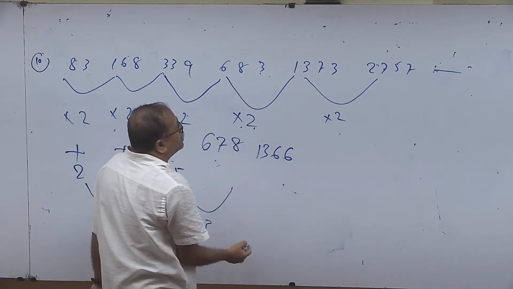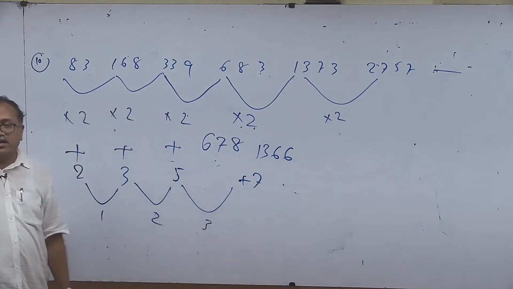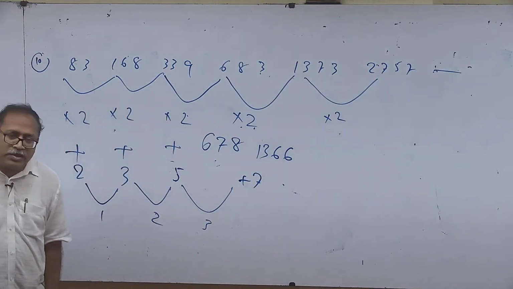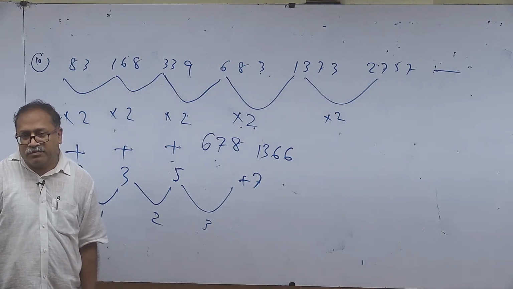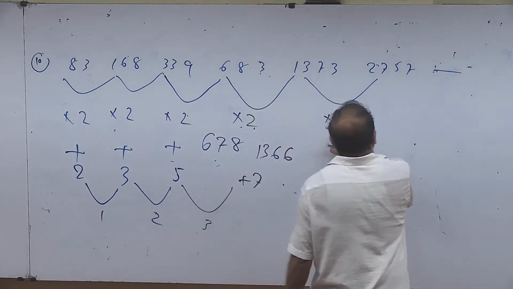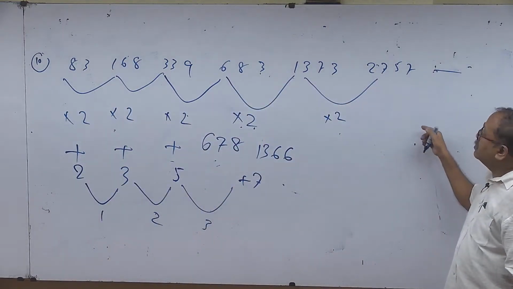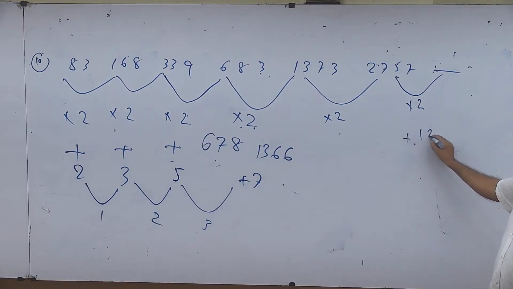And how much to be added? Plus 7 to be added. So, now we are clear that we are moving on prime numbers: 2, 3, 5, 7. So, you can answer the question here. It is 11 and it is 13. So, what you should do is into 2 plus 13.